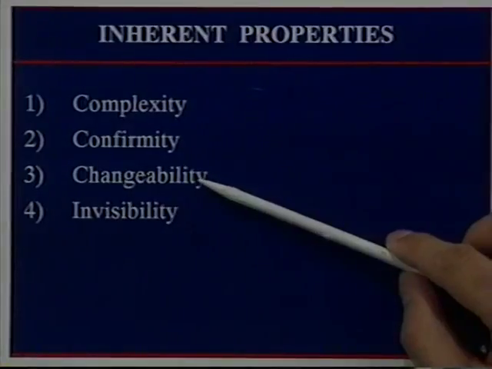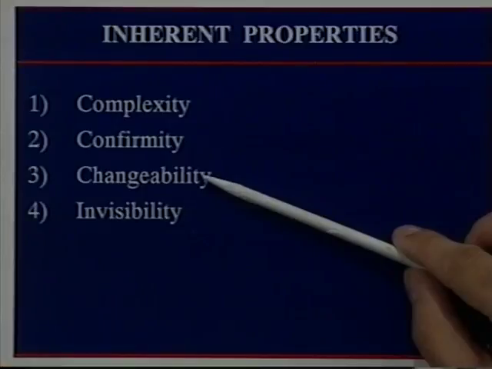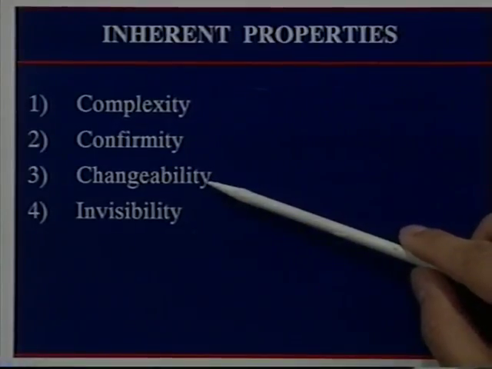The next aspect of software is changeability. Software is very malleable and it can change a lot over time. For example, if you buy a Ford car or a GM car, it's very rarely that they change the models very frequently. However, for software these changes occur rather frequently.